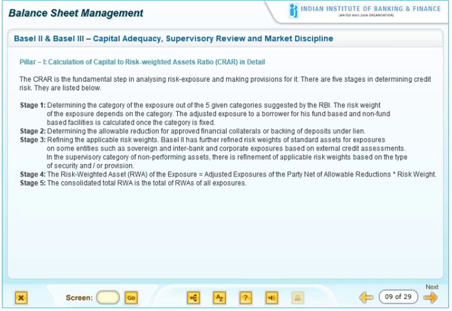Stage 4: The risk-weighted asset or RWA of the exposure is equal to adjusted exposures of the party net of allocable reductions multiplied by risk weight. Stage 5: The consolidated total RWA is the total of RWAs of all exposures.